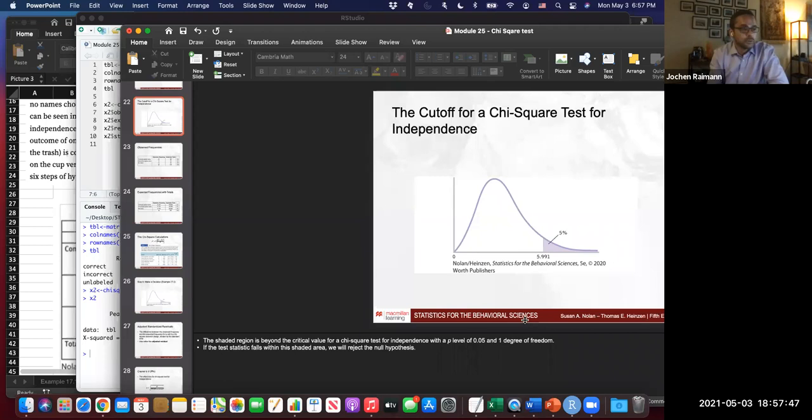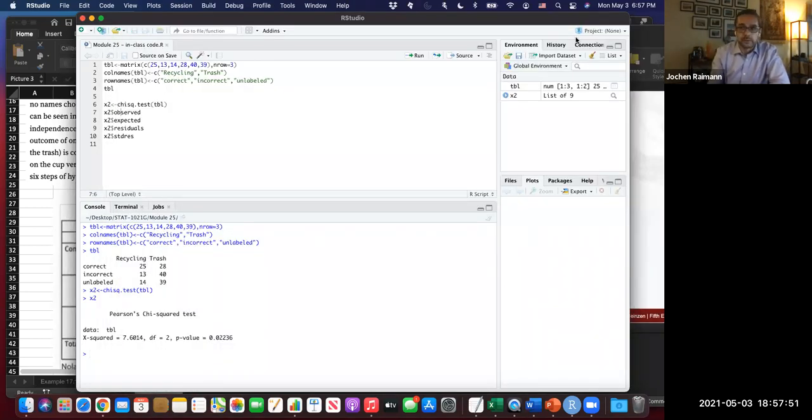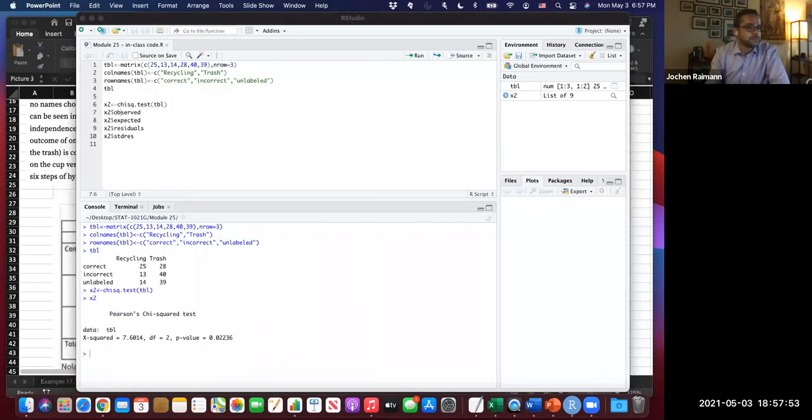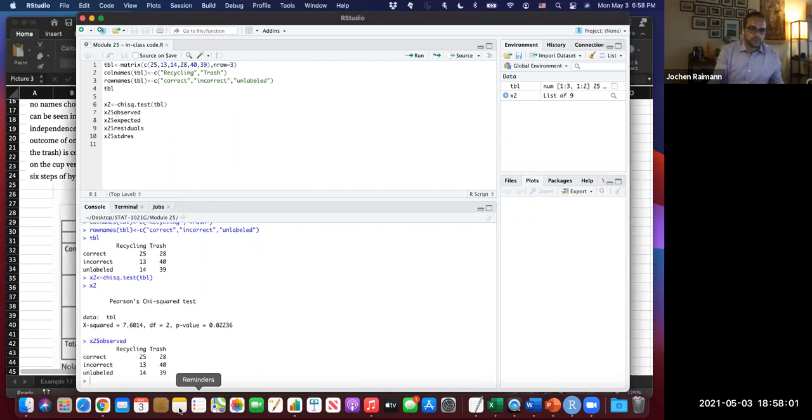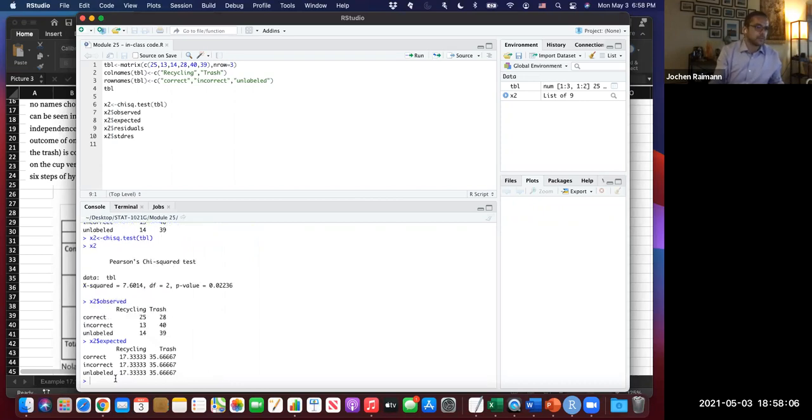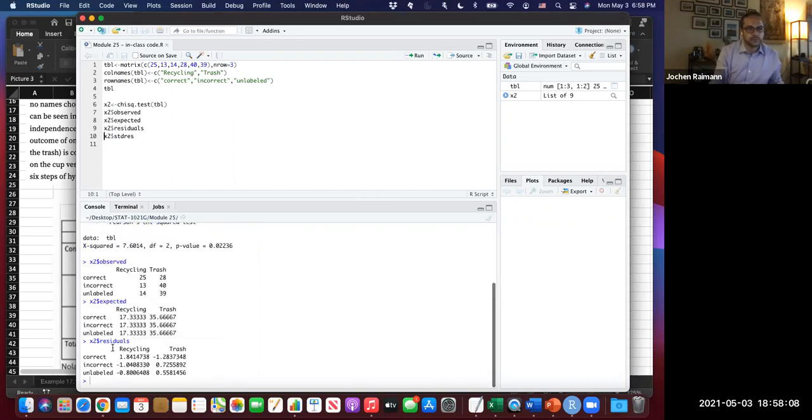You could hypothetically do this by hand. I encourage you to do it because it's good exercise, but R does it for you. Does that make sense? You all with me? Good. So we have the chi-squared observed, which is exactly what we've seen, chi-squared expected, exactly what we calculated, and chi-squared residuals is now our standardized adjusted residuals.